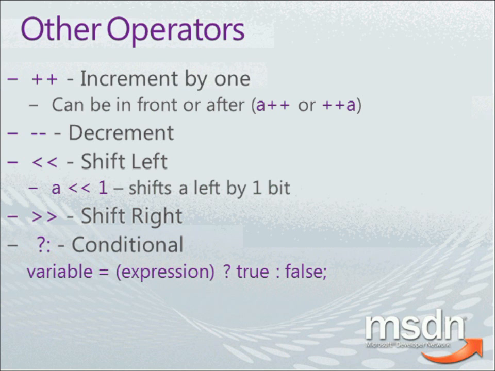Lastly, we have this other interesting one that's what we call the conditional operator. The conditional operator is actually the question mark. And the question mark has a second operator that's applied to it all the time, the colon sign. Basically what the question mark colon does is it's like a very simple if-then statement. So we have an expression that we pass to the question mark and it checks the expression.